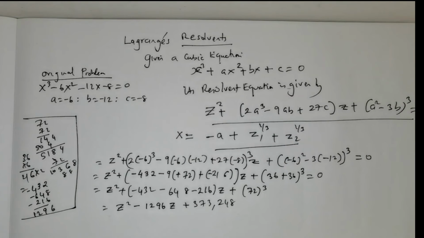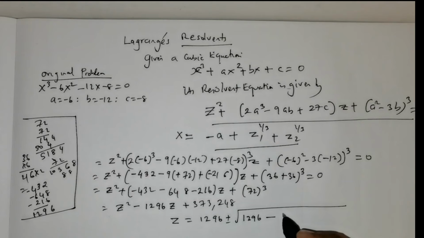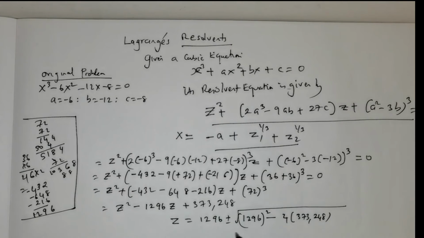Simplifying, if we were to solve this using the quadratic formula, z is equal to 1296 plus or minus root of 1296 squared, negative 4ac. So it's b squared negative 4 times 373,248, divided by 2.